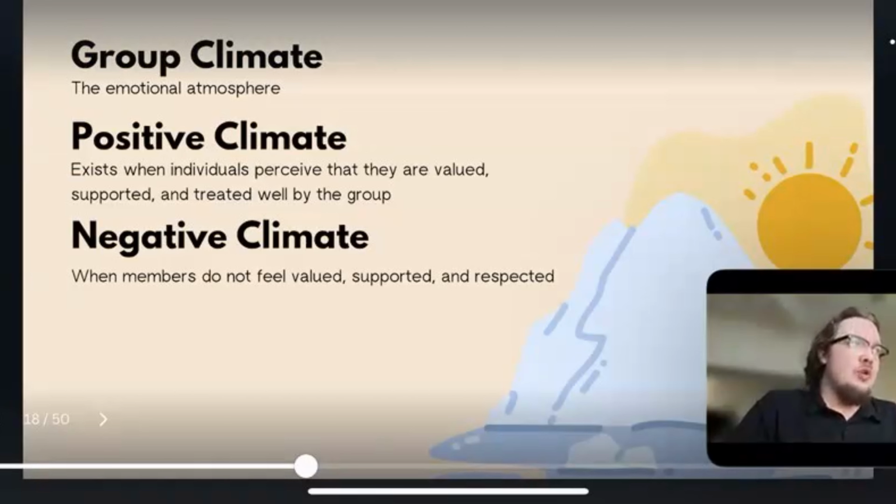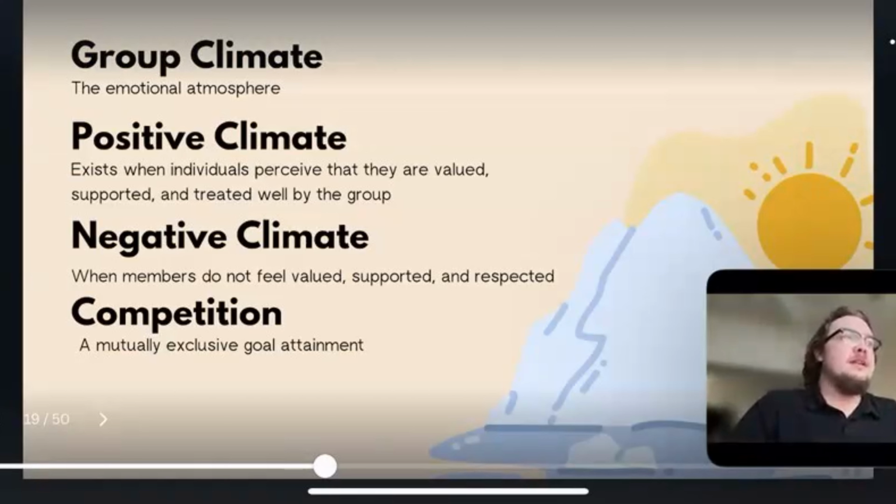Then we have competition. So competition is a mutually exclusive goal attainment. So when transactions in groups are competitive, individual success is achieved at the expense of other group members. Competition, by definition, necessitates the failure of the many for the success of the few.